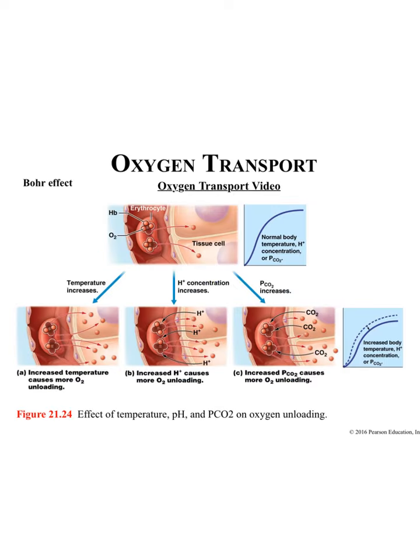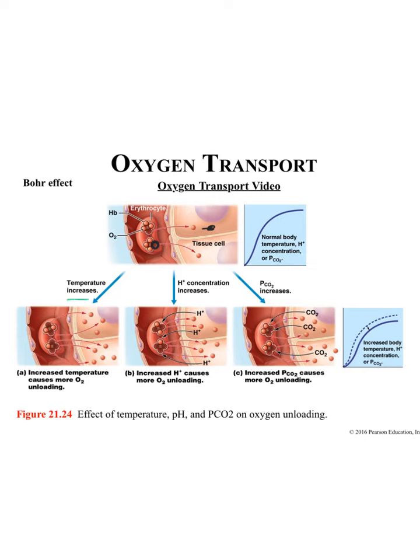There's a nice little video if you'd like to watch it, but just to put it simply, under normal conditions, our tissue cells do not need all the oxygen that's available. So only some of the oxygen that is on the erythrocytes will be unloaded. Generally, these 3 effects will happen together if you're talking about a natural process, but they could be individual.